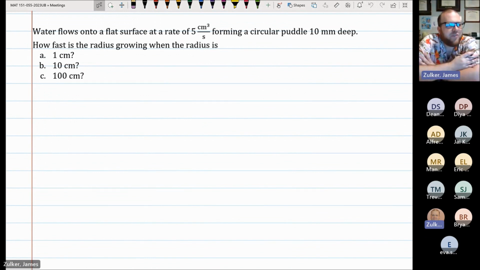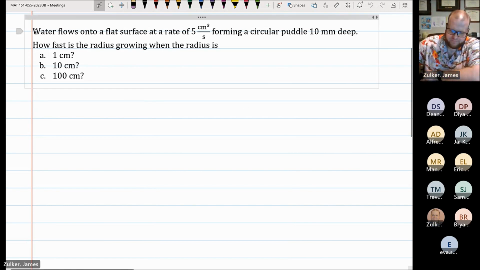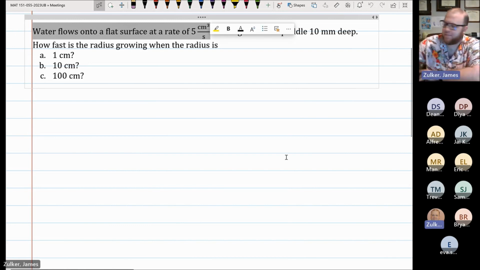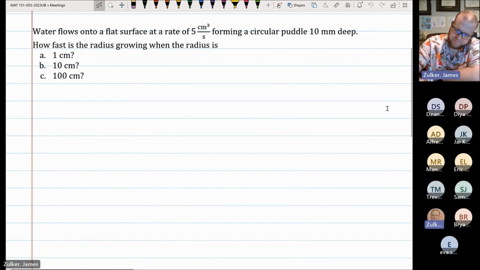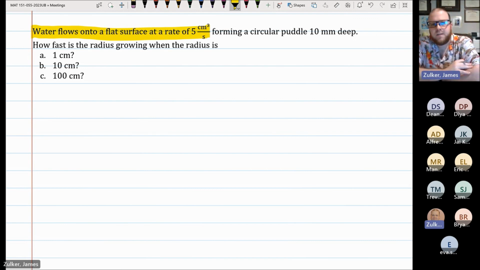So let's first just write out what we're given. What do we know? All right, so there's the first piece of information. I can actually just use a highlighter. The keyword is rate.